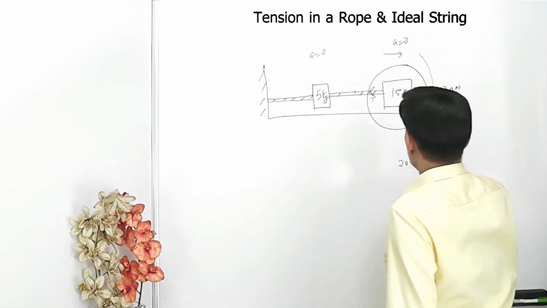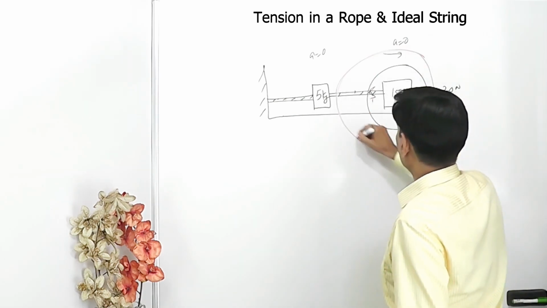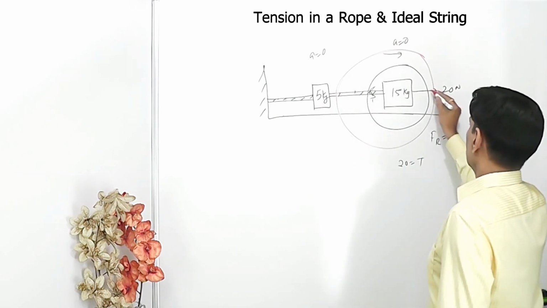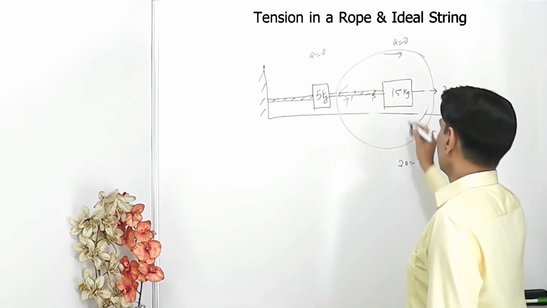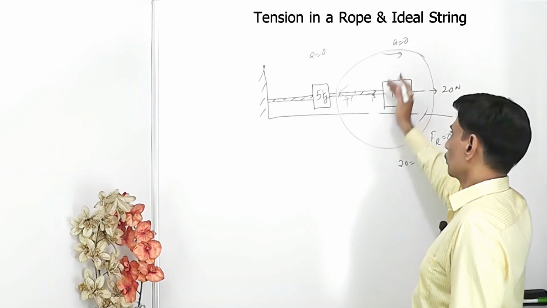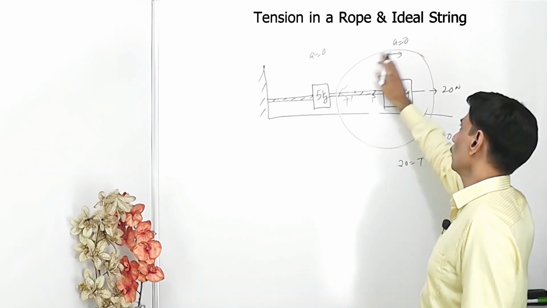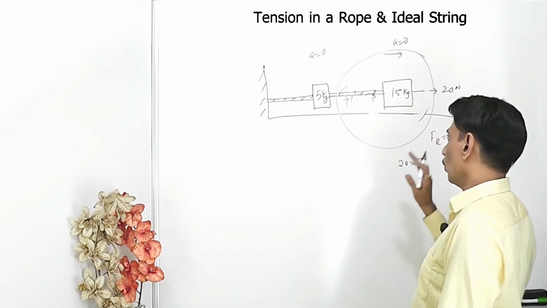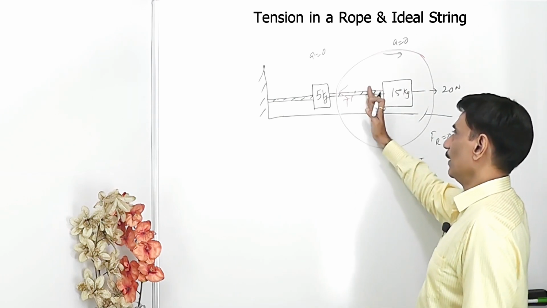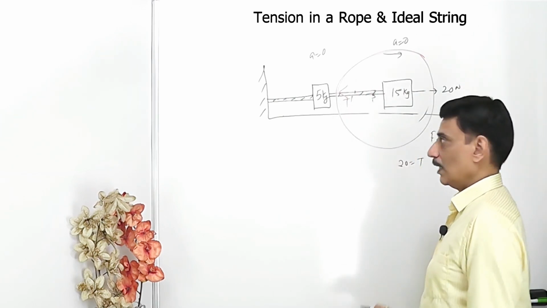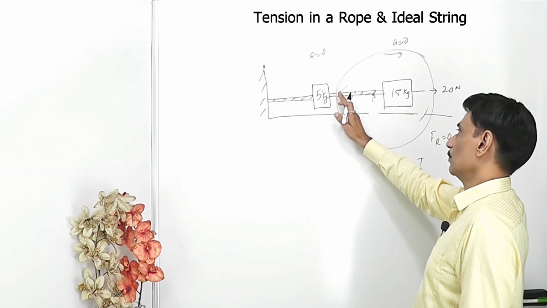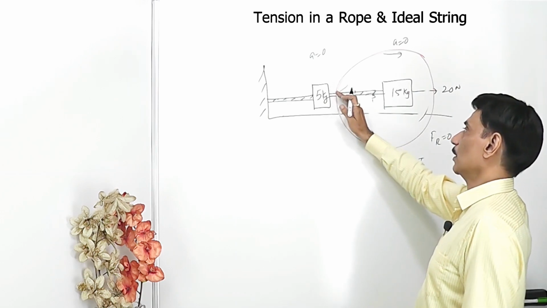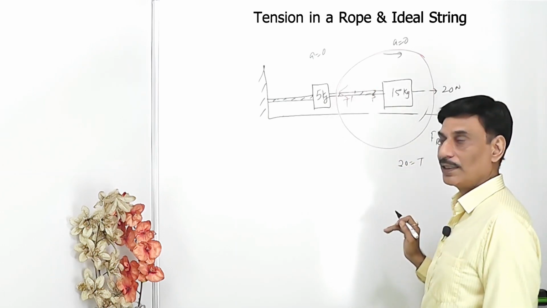And in case I take this bigger circle, then for this the 20 Newton is here. Now we have taken a bigger circle so that a bigger mass of rope is included in the free body. We are trying to find the tension at a different cross section and see whether it comes out to be the same as the earlier tension or not.